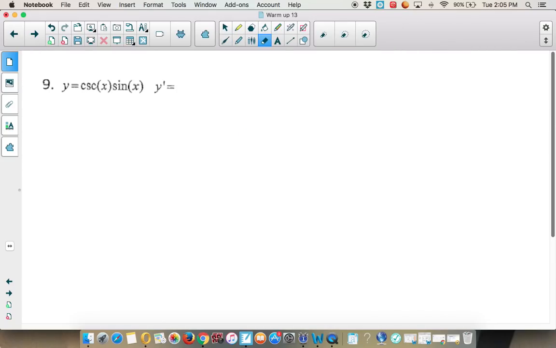Okay, notice that this is different. The last one had the sine x in the bubble with the cosecant. This is just product rule. Let's try writing that a little more neatly.